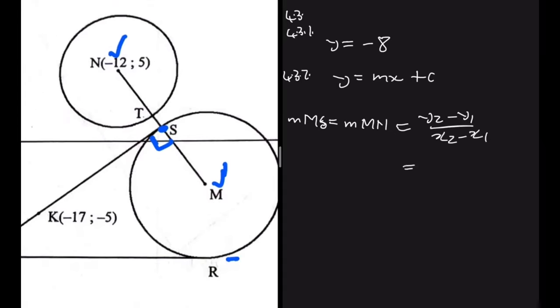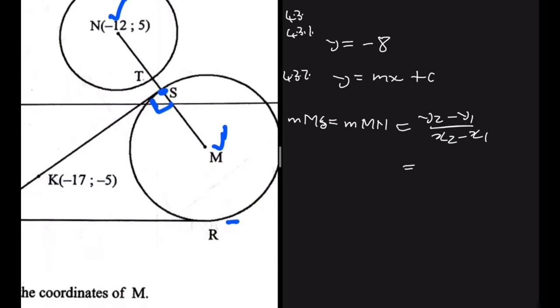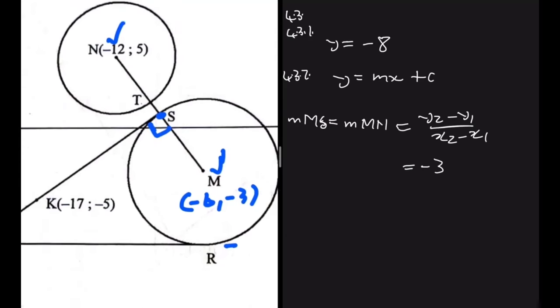Right. So the coordinates of M, we have -6 and -3. Let's not forget. And then let's take M as our second point. Then the y coordinate would be -3. And then the y coordinate of N, that is 5, right? So we're gonna have -3 minus 5, and then divided by x2.